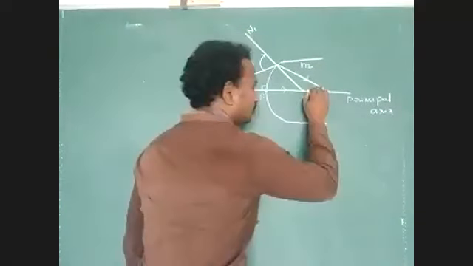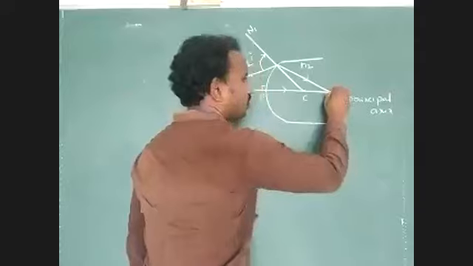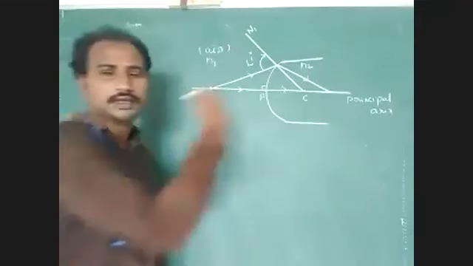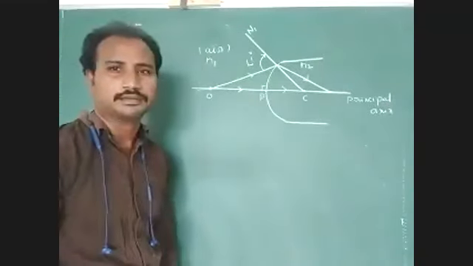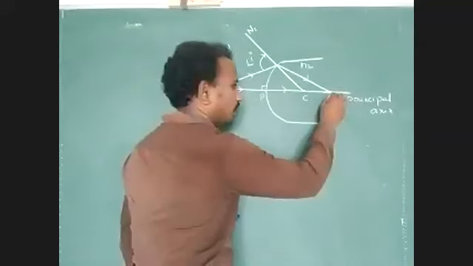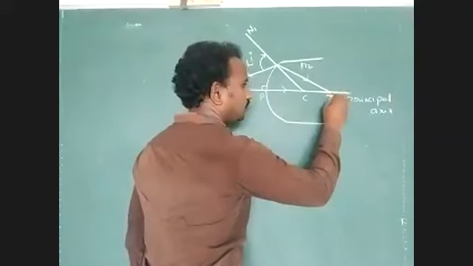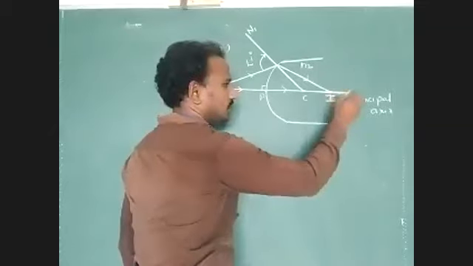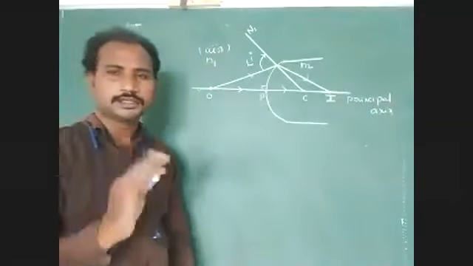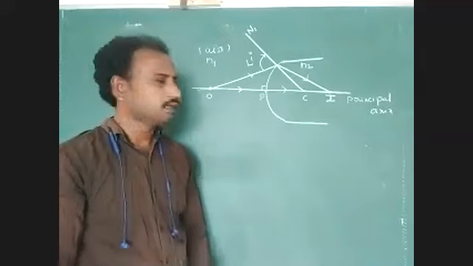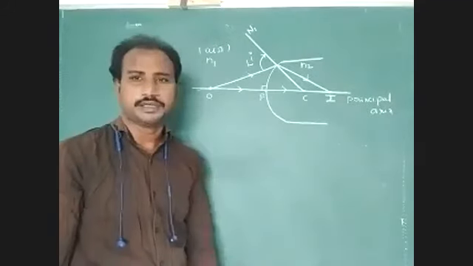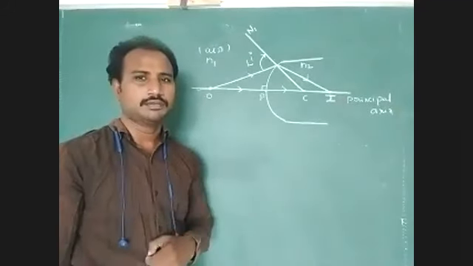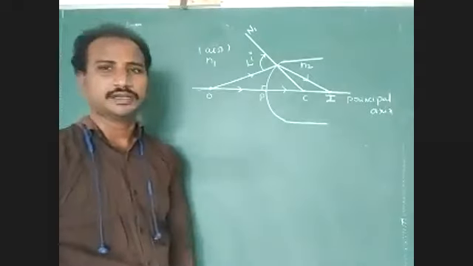Here, these two refracted rays intersect at one common point inside the optical medium. This intersection point is the image formation point. This image is a virtual image.